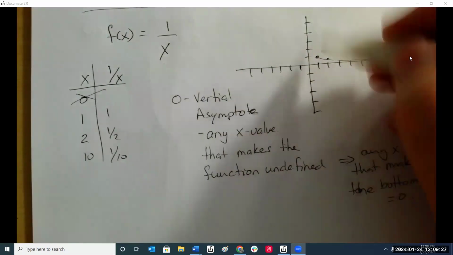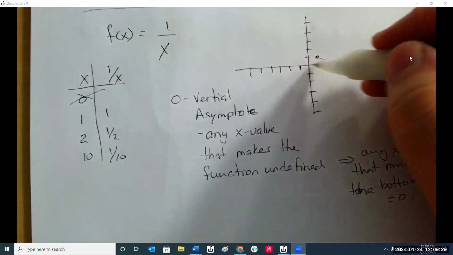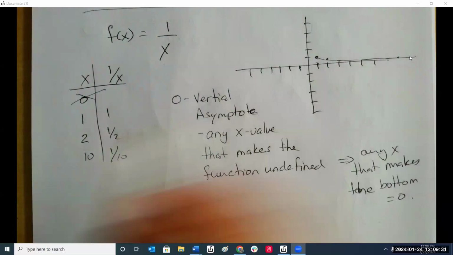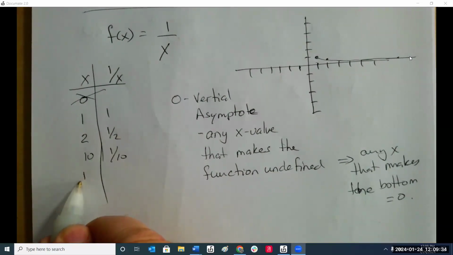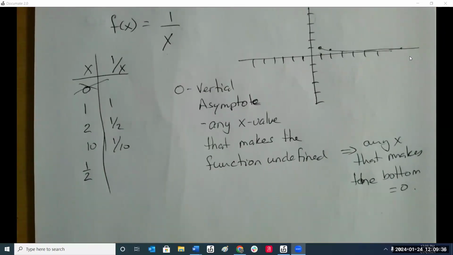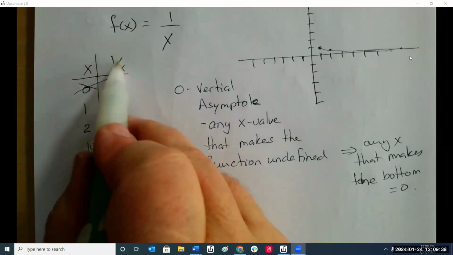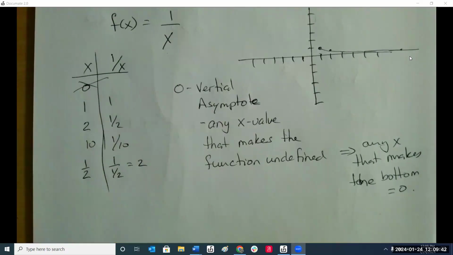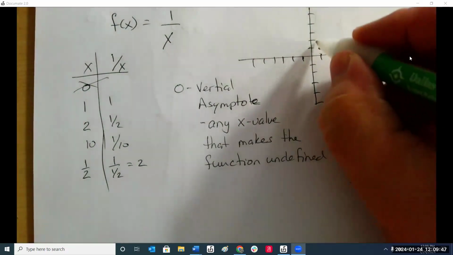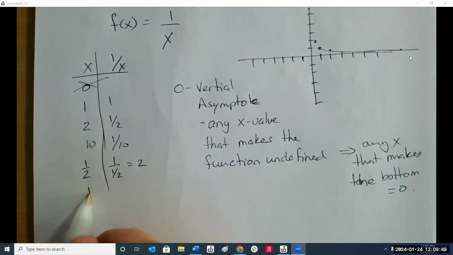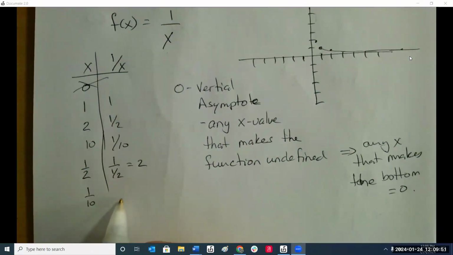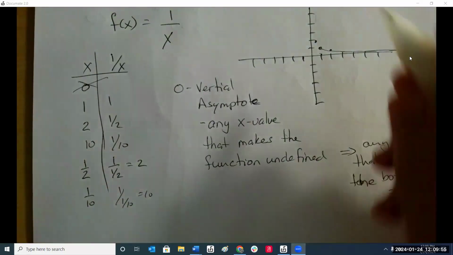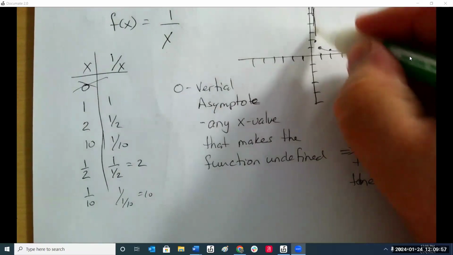But since we cannot use 0, how about between 0 and 1? What if x was 1/2? 1 over 1/2 is 2. Flip the bottom number. So 1/10, 1 over 1/10 is 10. So this graph looks like this.